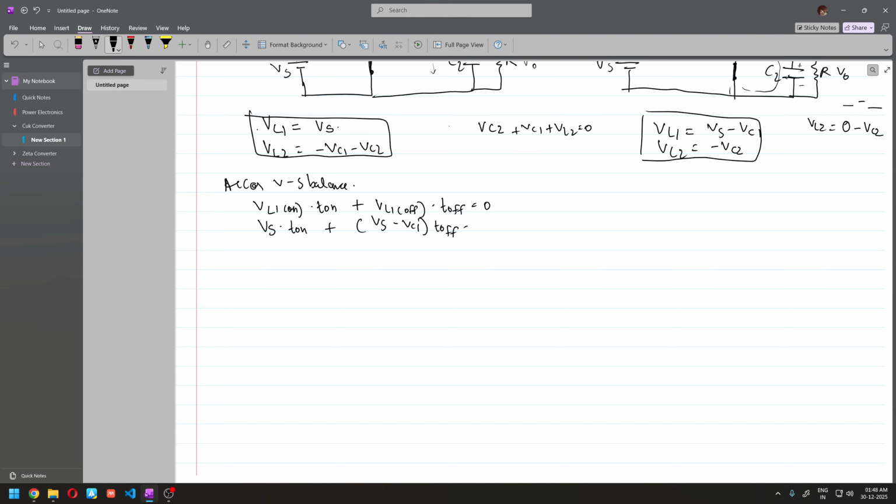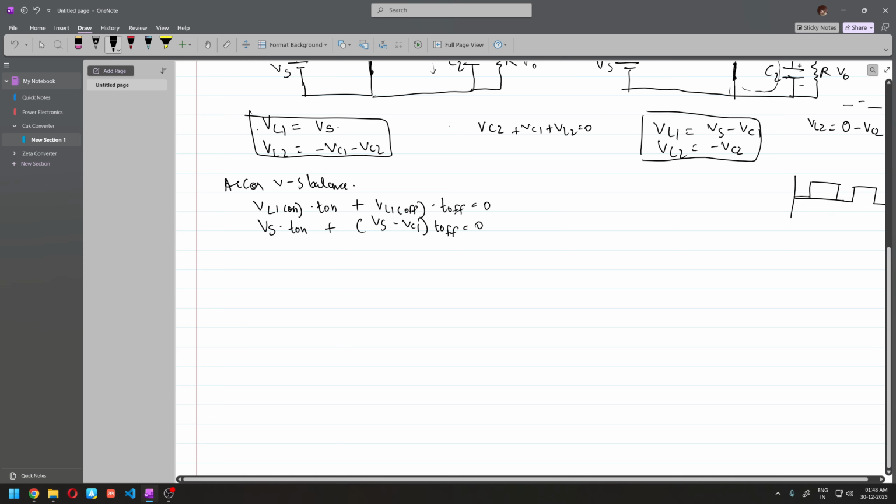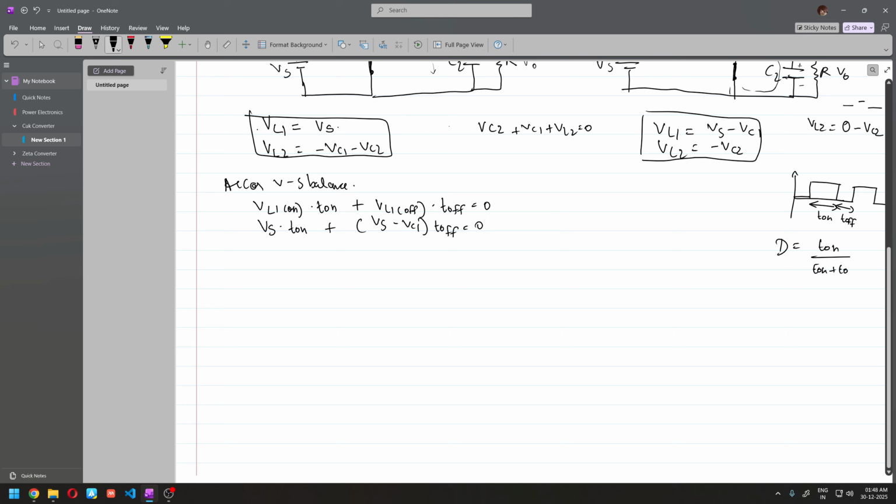So if I just draw the graph here, the waveform, it's this same thing. We have the on state and the off state. So this is your T on and this is your T off. So you can say this is your waveform, and the duty cycle is basically T on by T on plus T off.